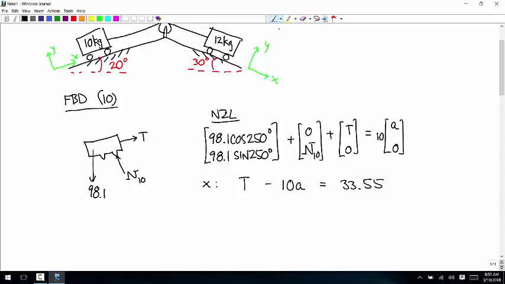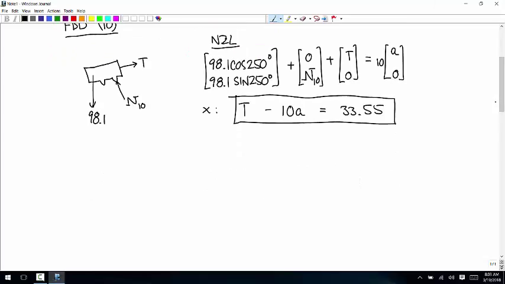Okay, so everyone with me up through here? That's our first equation, but we can't solve it yet. We have too many variables. So now we'll go to a free body diagram of the 12 kilogram.